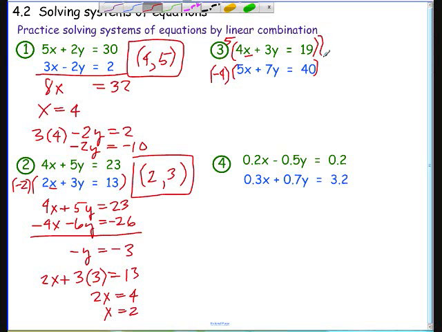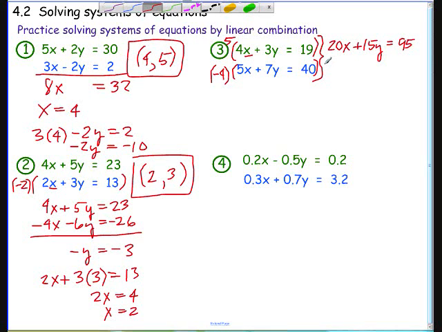And that will recreate these as 20x plus 15y equals, now if it were 5 times 20, it'd be 100. It's 5 less than that, so it's 95.